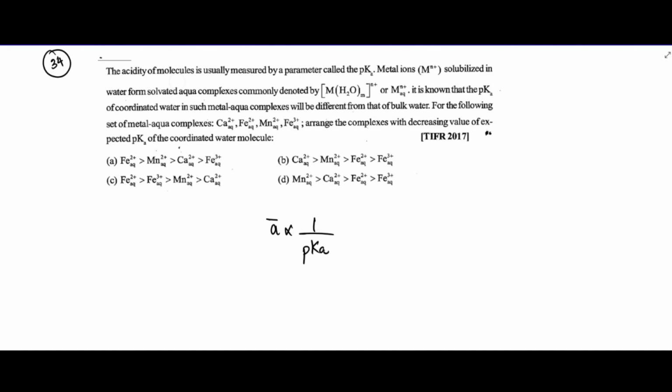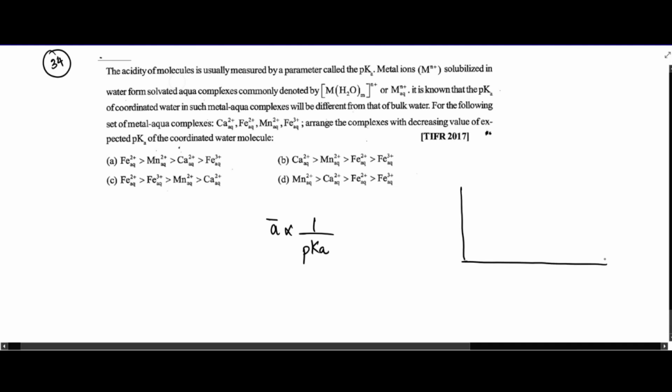Which are the complexes given? You have calcium, iron 2 plus, manganese 2 plus, and iron 3 plus. Diagram ariyalo. So you have calcium, which is at the top. Calcium, manganese, iron ഇവിടെ, and manganese ഇവിടെ.